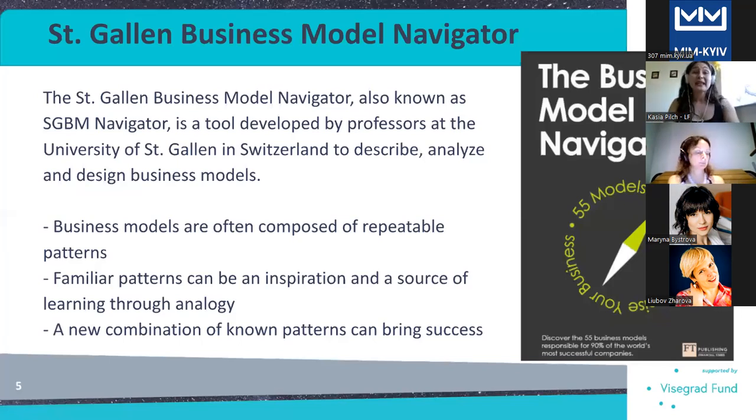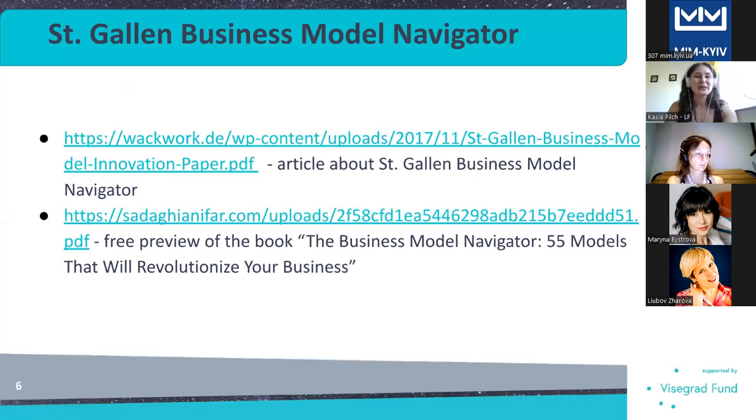Or where innovation comes in is if you create something unique to your business based on already existing resources. And this gives you the tool to do that. So I highly recommend checking it out.